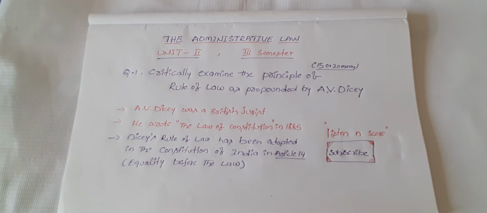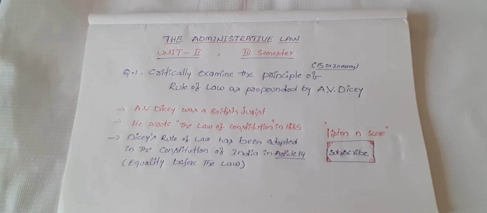Arbitrary power is inconsistent with rule of law. But discretionary power cannot always be discarded from the executive. Even the courts also enjoy discretionary power while disposing of proceedings. The discretionary power should not be attacked by this doctrine.